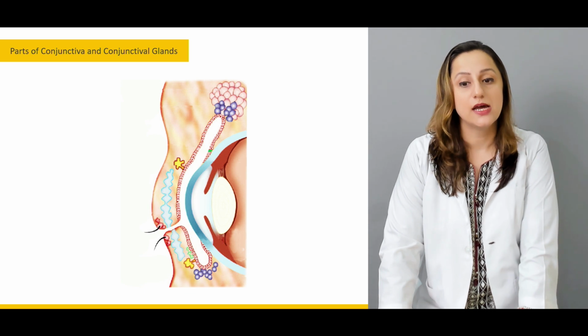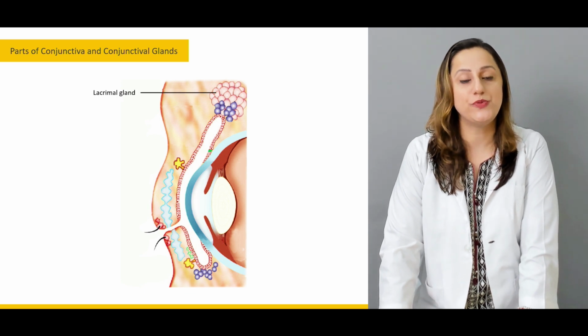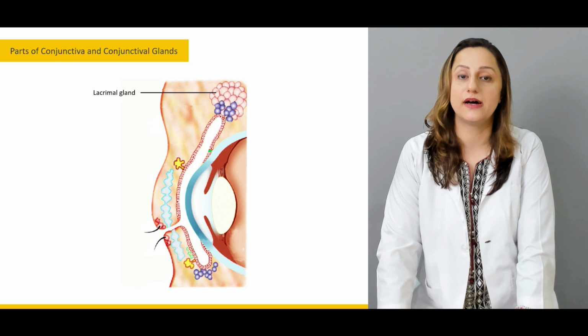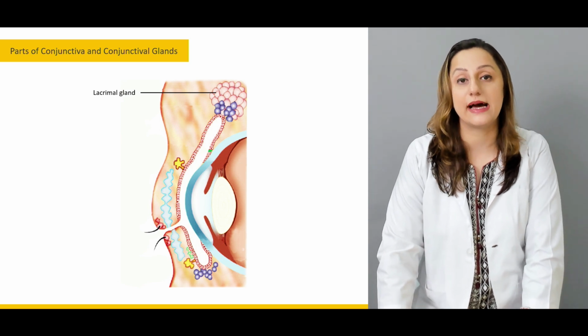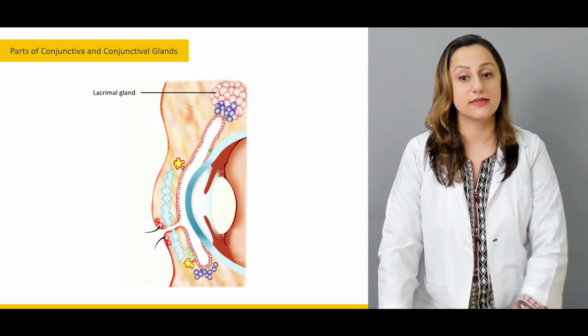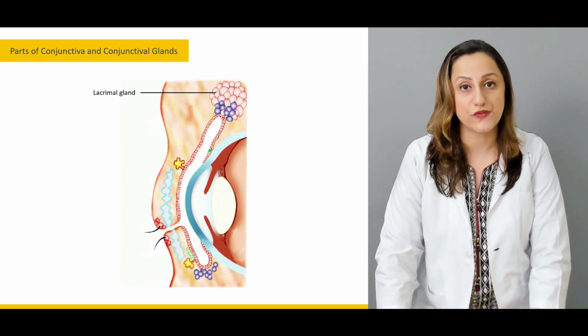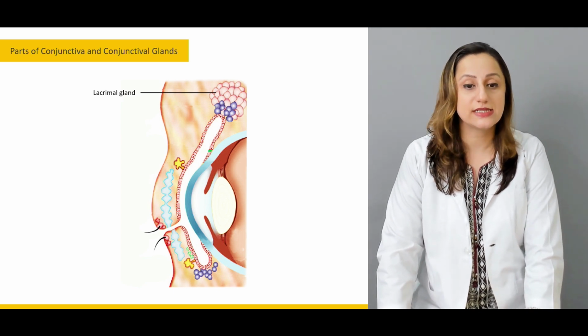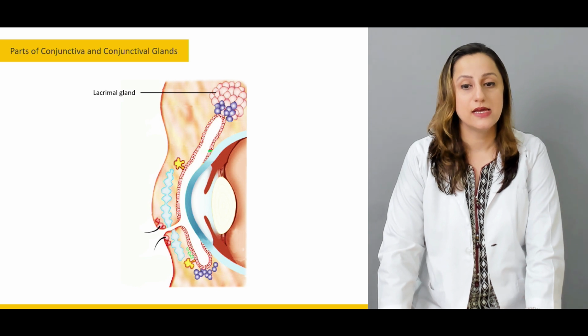So over here, just to give you an overview briefly regarding the conjunctiva and regarding the different applied anatomy that we'll be discussing on and off in the lecture, I'll just give you an overview regarding that.